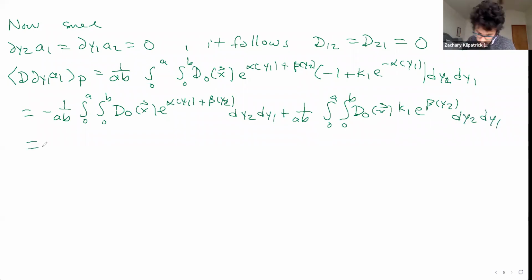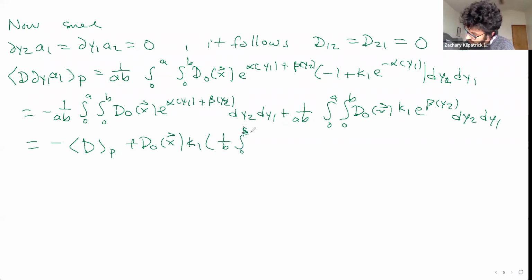Okay, so we get this is equal to minus the average over d plus d0, which is going to pass through kappa 1 over b, integral from 0 to b e to the beta s ds.